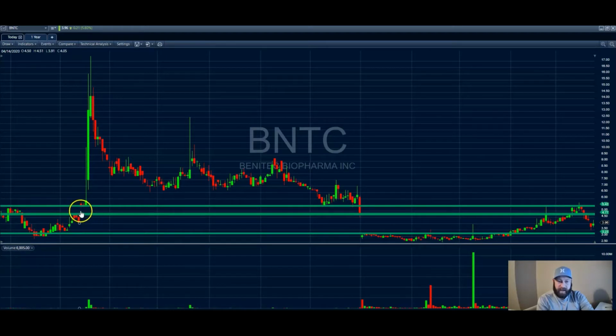You can see that we have this small gap right here created from a gap up on April 15th. So we had a small gap up right there, and I've heard this saying since I started trading that gaps always get filled. Well, that's not necessarily true.